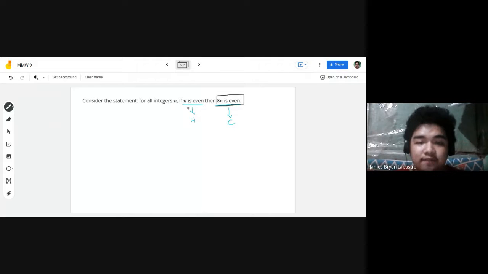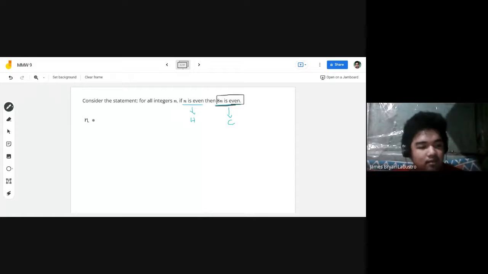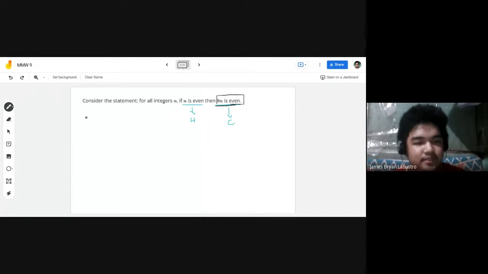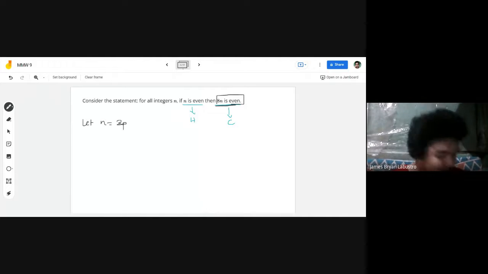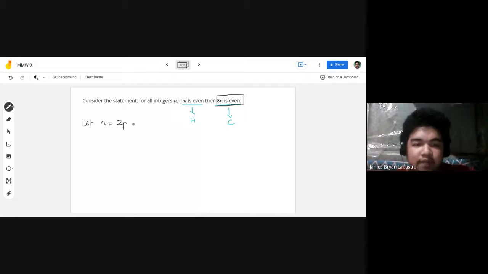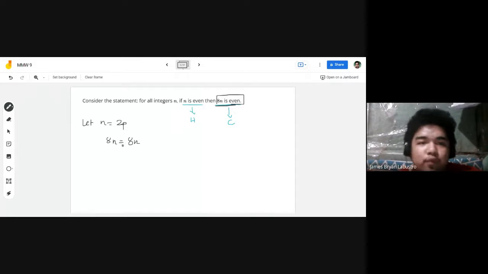So let n be even. If n is even, we are going to let n be equal to 2p. Then after that, we equalize the given. So 8n is equal to 8n.